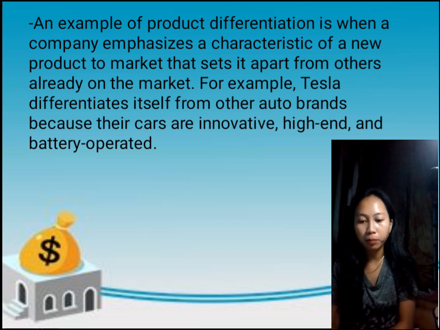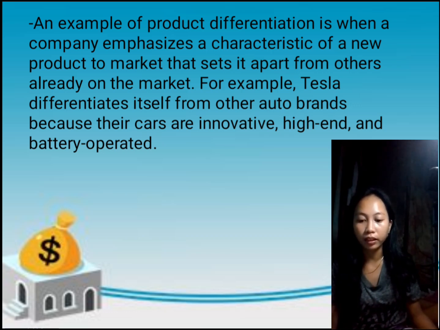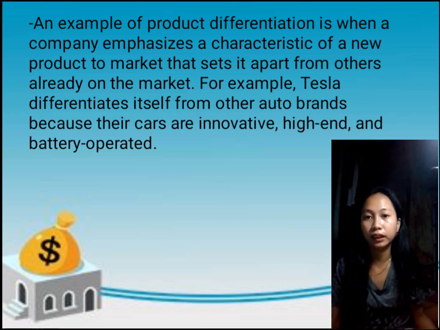It helps companies. It can use product differentiation to gain a competitive edge. Consumer choice is a decision made by an individual when selecting products or services to satisfy their needs and wants.